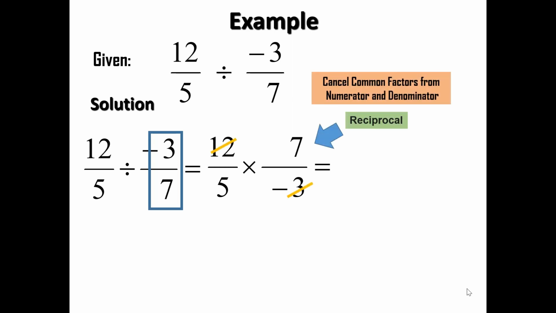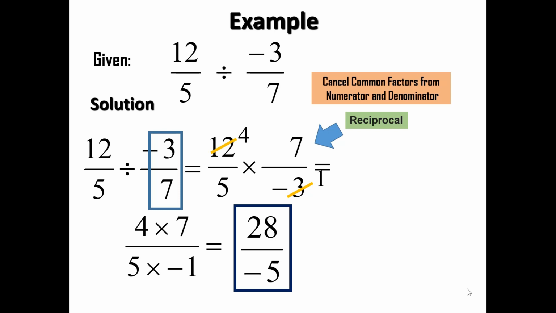Yan. Then, mapapansin din natin merong common factors from numerator to denominator, 12 and 3. So 12 divided 3 is 4 and 3 divided 3 is 1. Ngayon, meron na tayong 4 times 7, 5 times negative 1.